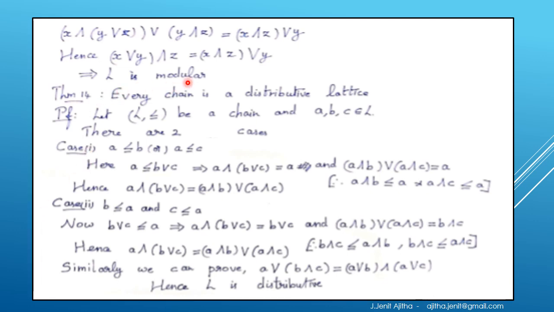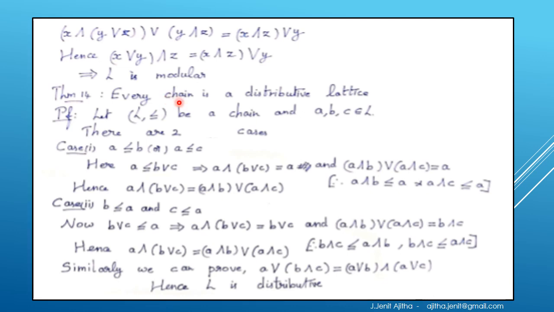So we get the modular equation. So L is modular. Now the next theorem: every chain is a distributive lattice. What is a chain? A chain is a poset such that any two elements are related.